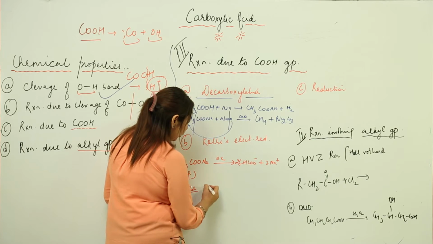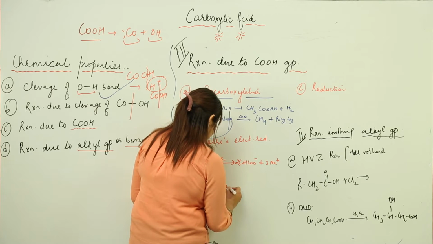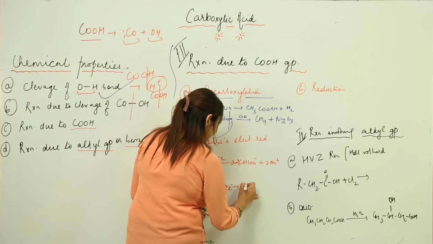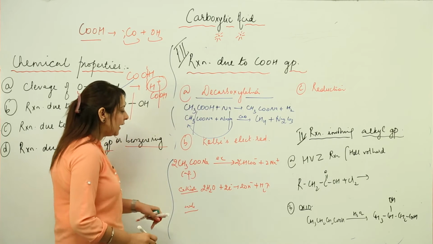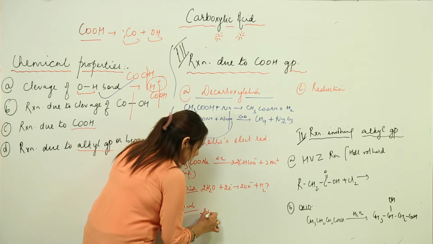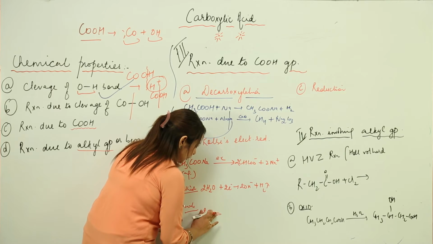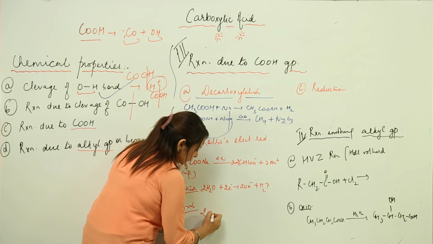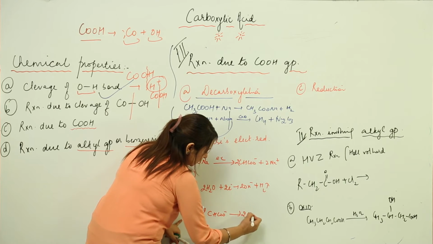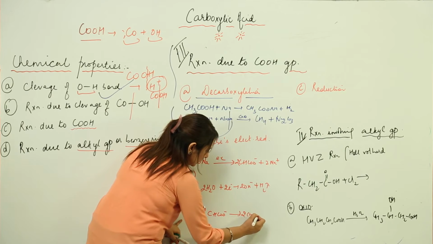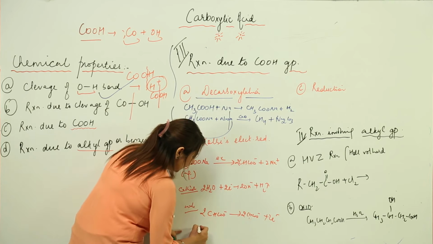At the cathode, H2O takes 2 electrons forming 2 OH negative with liberation of hydrogen gas. And at the anode, this acetate ion will lose 2 electrons, and they will somehow get rearranged.